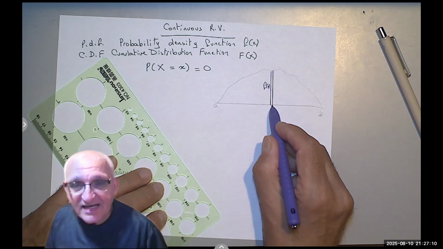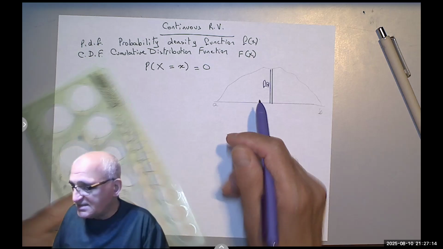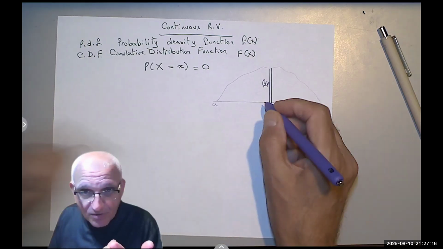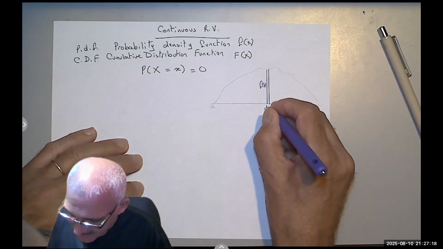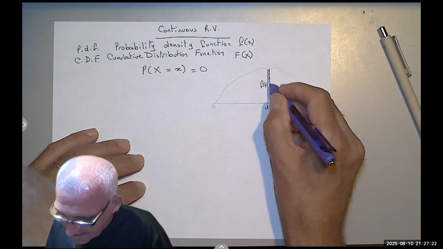Because in order to find the area, it has to be a rectangle. And we say, well, if we take this as delta x and then make it smaller and smaller until you get to the limit as delta x approaches 0, remember what we call that? Yes, dx. So this is the probability, not the line.